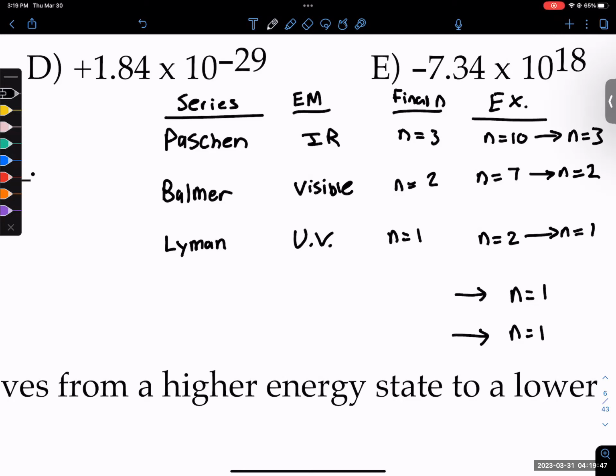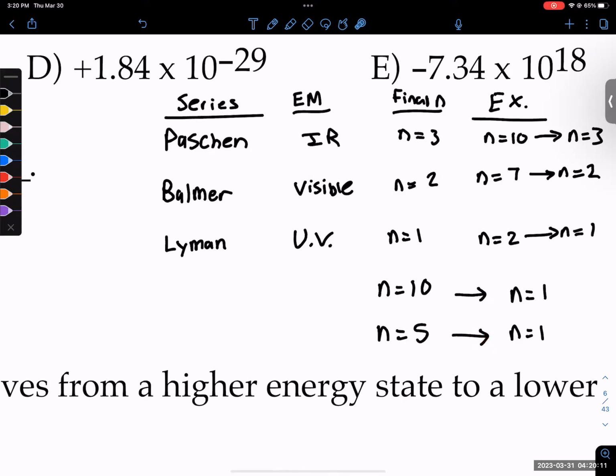But let's say for this one, we start at n equals 10, and this one starts at n equals 5. We know it's going to be the UV region because it's a Lyman series, and both of the final n values are 1. But because this one travels a total of 9 energy levels, the change in energy levels is 9 for the top one, and the change is 4 for the bottom one.